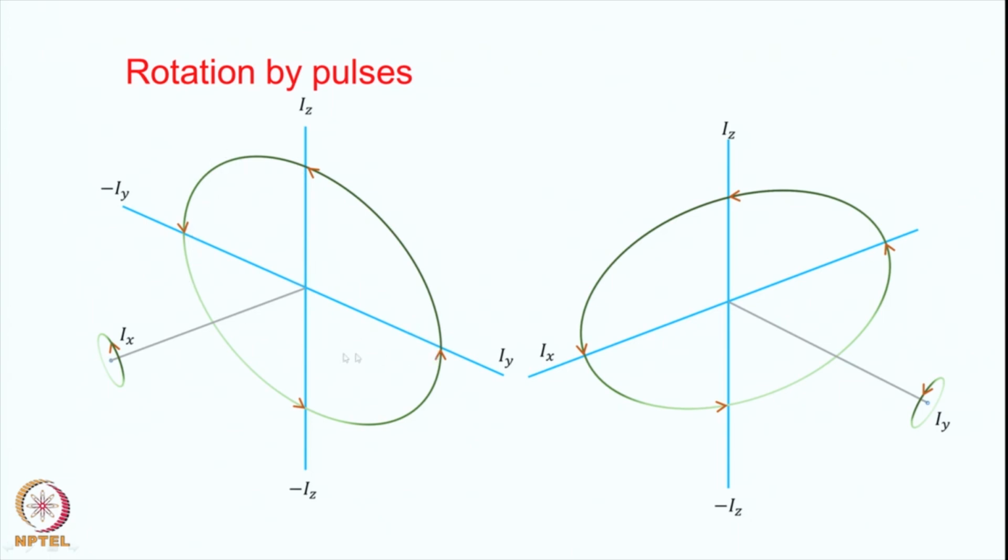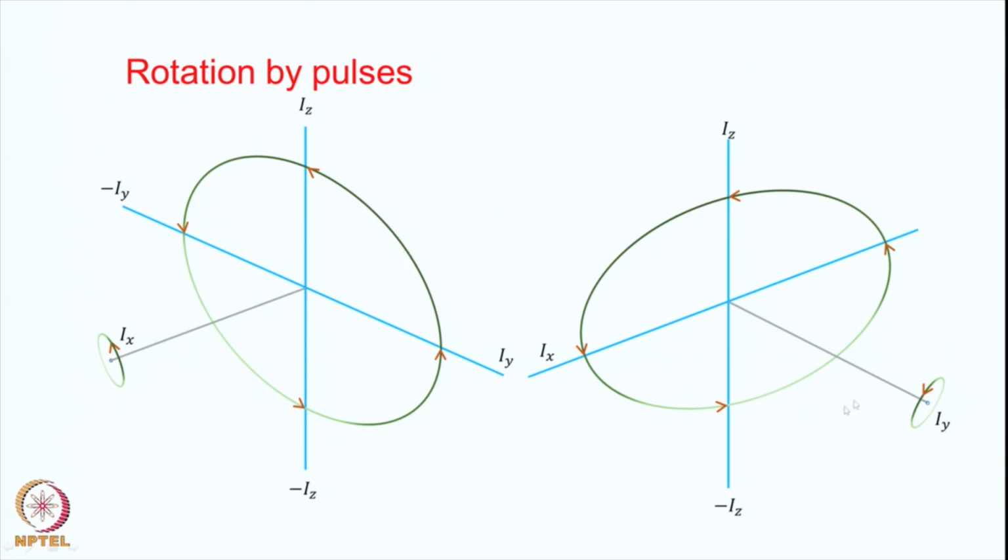Similarly, if I apply this pulse, the Iy magnetization for a 90 degree pulse will go here, but suppose I were to apply a pulse which is not 90 degrees, somewhere 45 degrees or 30 degrees, then I would rotate it only up till here, then we will have a cosine component here and a sine component here.